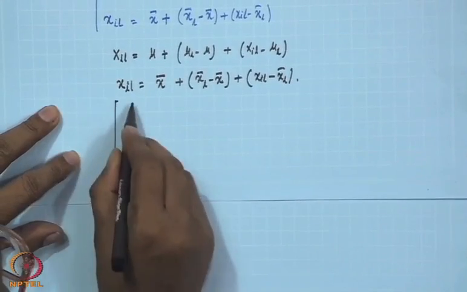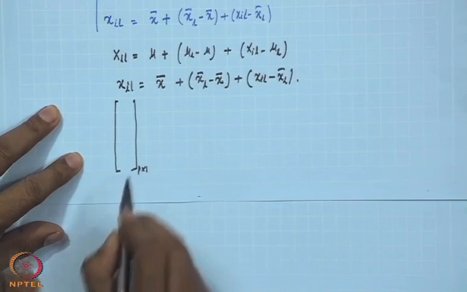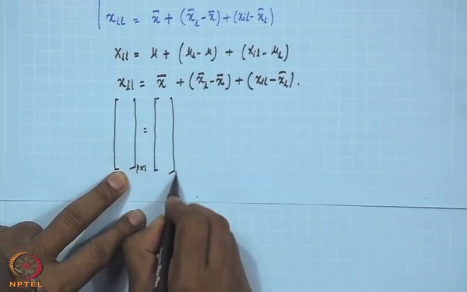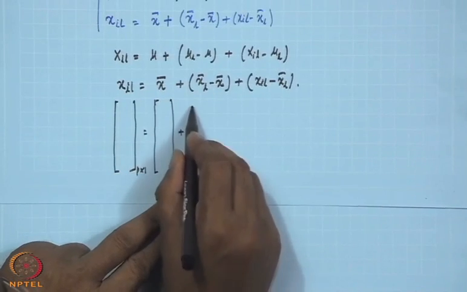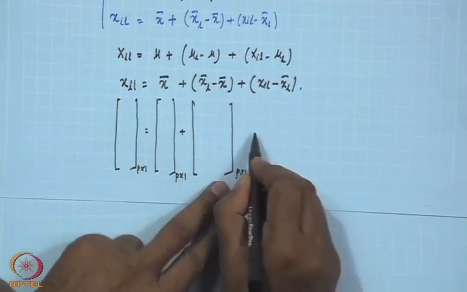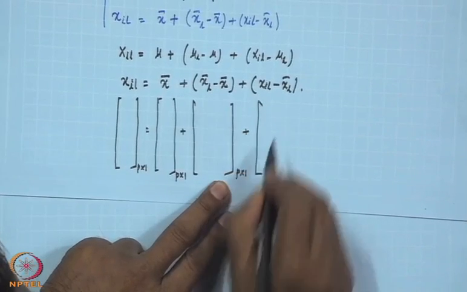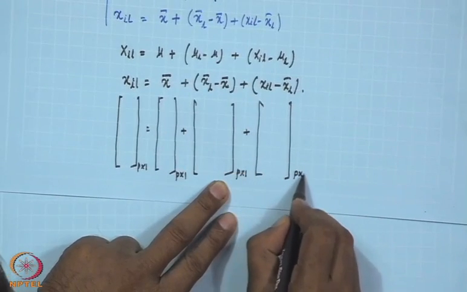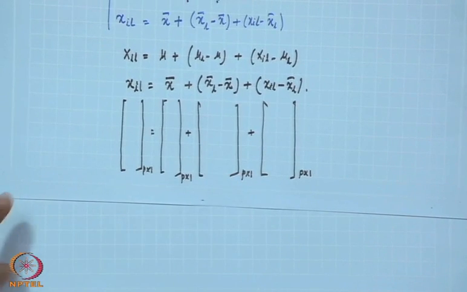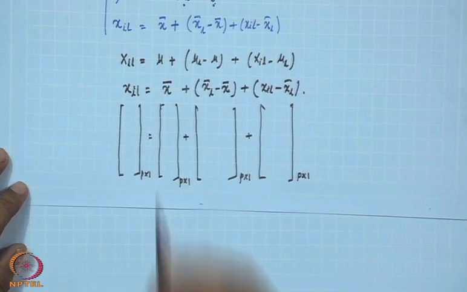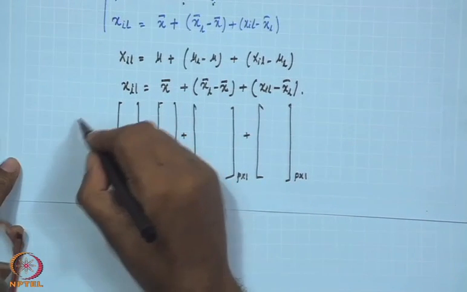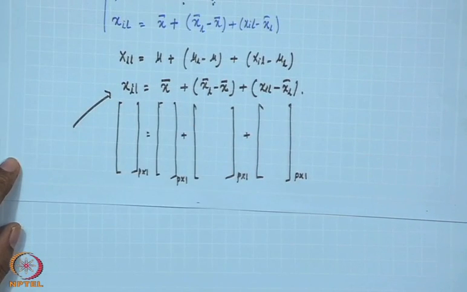This one is P cross 1 equal to, this will also be a P cross 1, plus this difference P cross 1, plus this difference, P variables are there. Okay. This is the general partitioning of the sample observation.